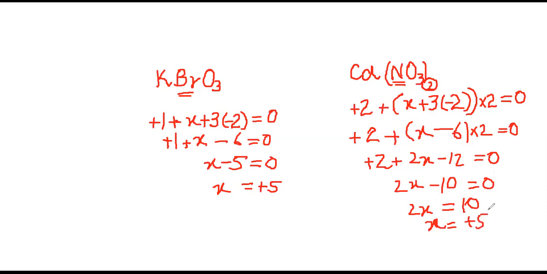So the oxidation number of nitrogen in calcium nitrate is plus 5.